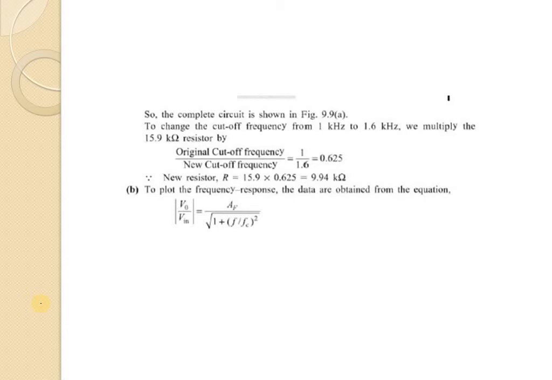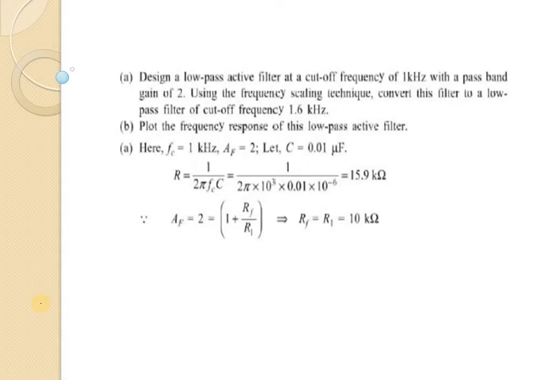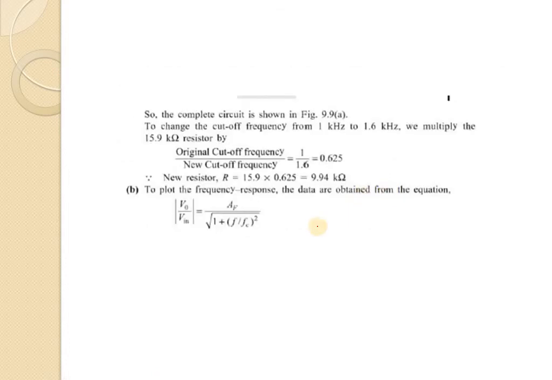So our new resistor value is 15.9 into the scaling we have got, 0.625, and we are getting 9.94 as the new resistor value. Previously our resistor value was 15.9, and for getting the new cutoff frequency, our scaled value is 0.625. So our new resistor value is 9.94.